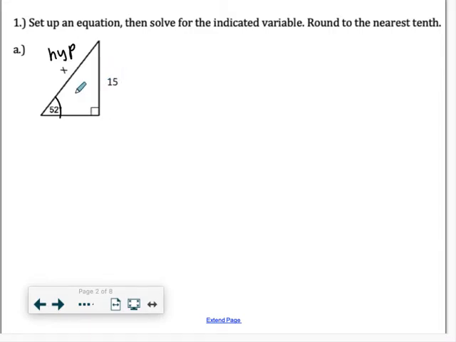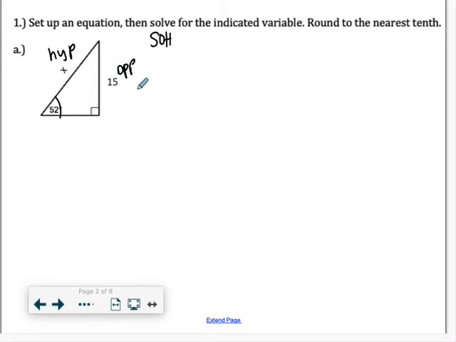And 15 from 52 is opposite. So now you ask yourself, which trig function uses the opposite side and the hypotenuse? Sine, okay? And that comes from the SOHCAHTOA, S-O-H. So we're going to use sine.